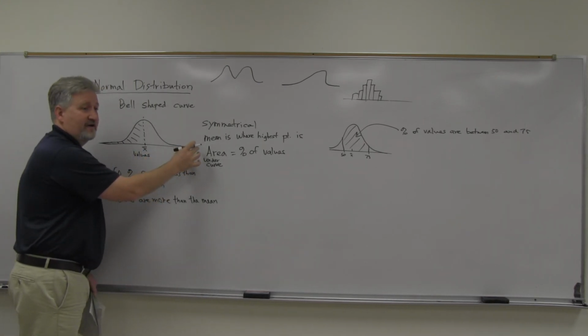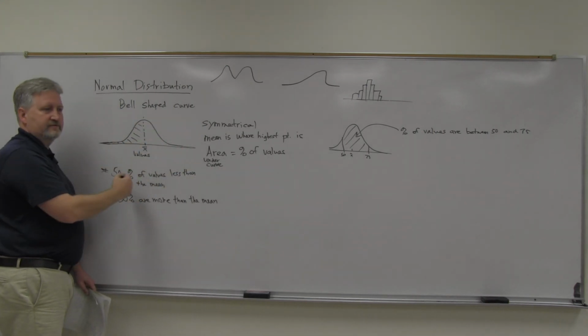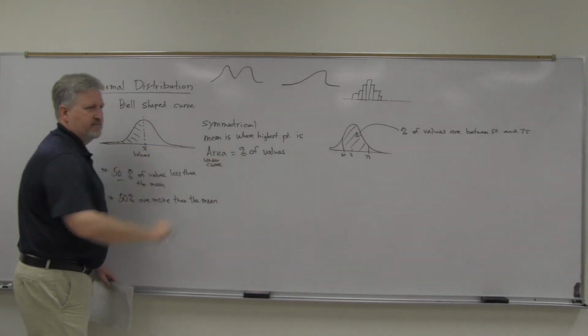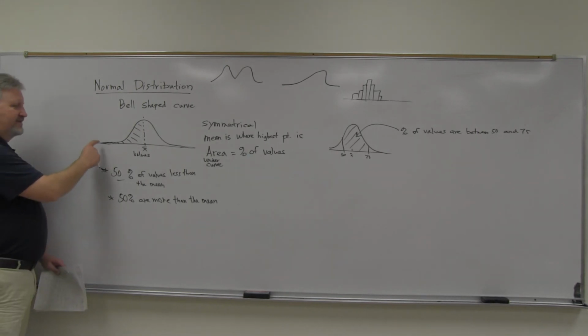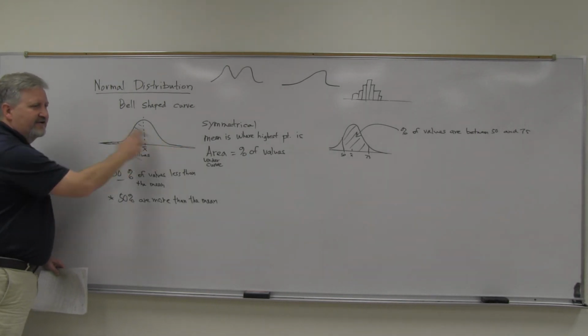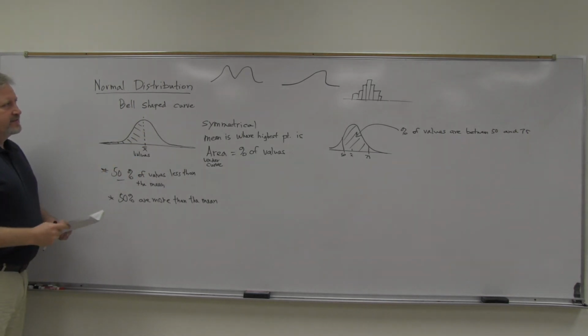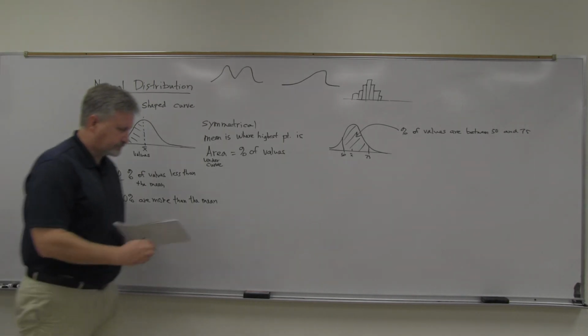There's just not going to be a whole lot of values out here. You see what we're saying? Most of the values are in the middle, right? But technically speaking, you could go infinitely both ways. As far as the number of values out here and out here, there's just not very many. Most of them are here in the middle. So that's something else we could point out.